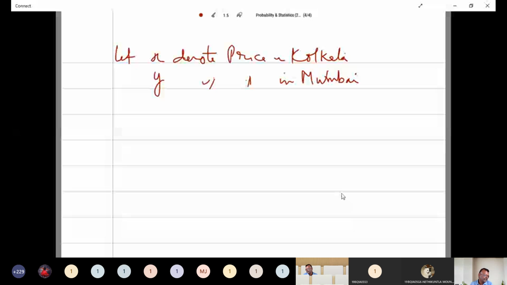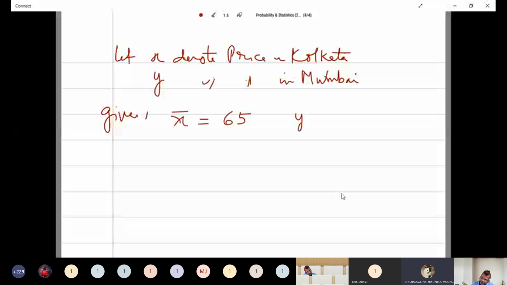Given the mean of x, x bar, the average in Kolkata, is 65.